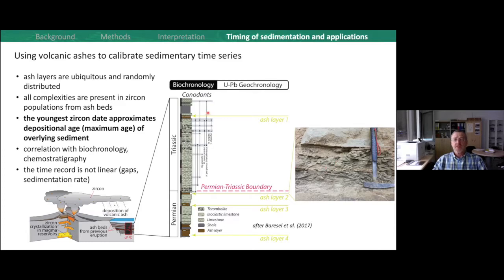When we date these 4 ash beds, we can establish quite a good age model, and then compare and correlate this age model with biochronology, chemostratigraphy, whatever. Just don't forget that this is not a linear record of time. There are certainly major gaps, like here, probably like here, and there are also big changes in sedimentation rate, which we may not see from the sedimentary record.